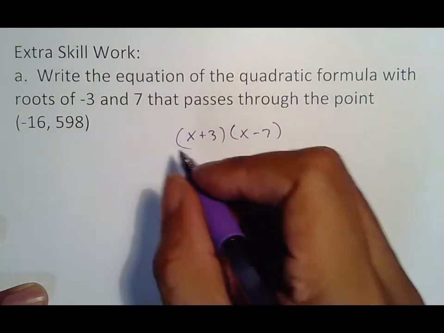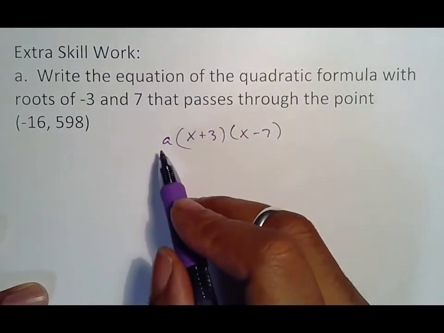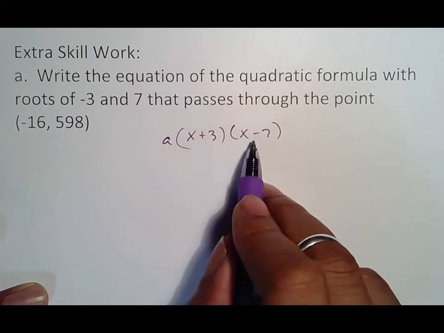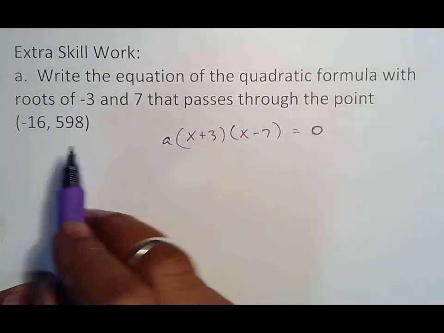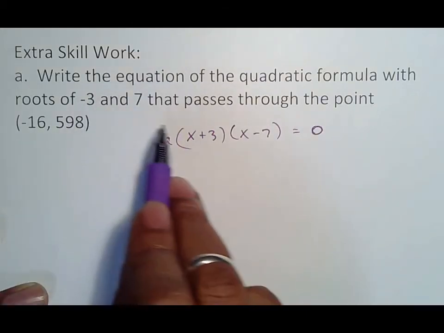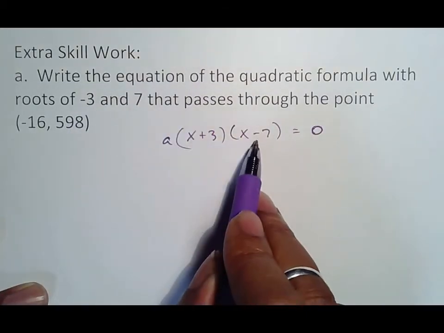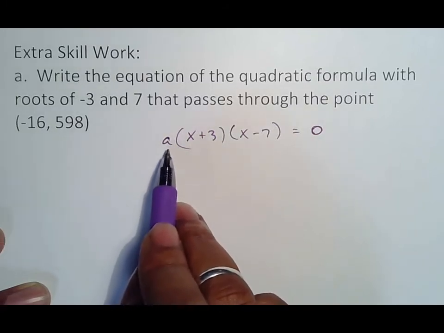But there is a number that would actually be out in front. We just don't know what that number is. We also know that when you do this, that the answer should be 0. Again, if this was in factored form, if -3 was your root, that would be a factor. If 7 was a root, that would be a factor. But there's a number out here we don't know about that we're looking for.